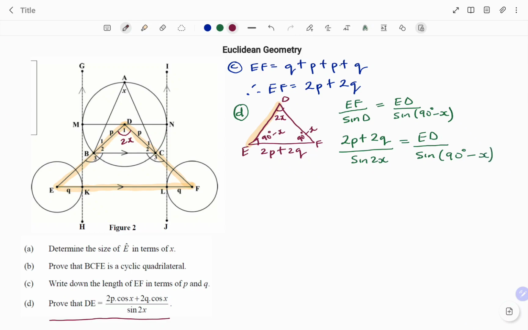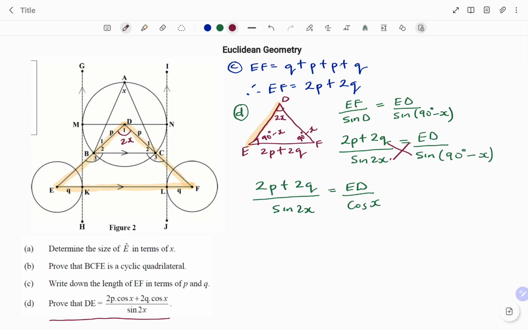The next step is for me to cross multiply. But before I cross multiply, simplifying sine 90 degrees minus x, I'm going to have 2P plus 2Q over sine 2x equals ED over sine 90 degrees minus x becomes cos x.